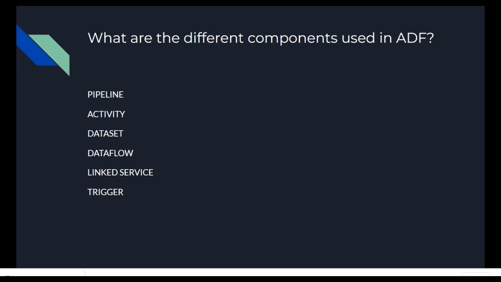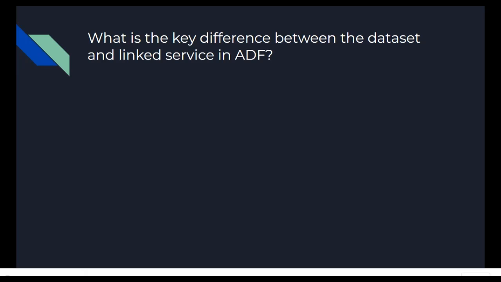Coming to the next question, what is the key difference between dataset and linked service in Azure Data Factory? A dataset specifies a reference to the data store described by the linked service. When we put data into the dataset from a SQL Server instance, the dataset indicates the name of the table that contains the target data, or the query that returns data from different tables. Linked service specifies a definition of the connection string used to connect to the data stores.